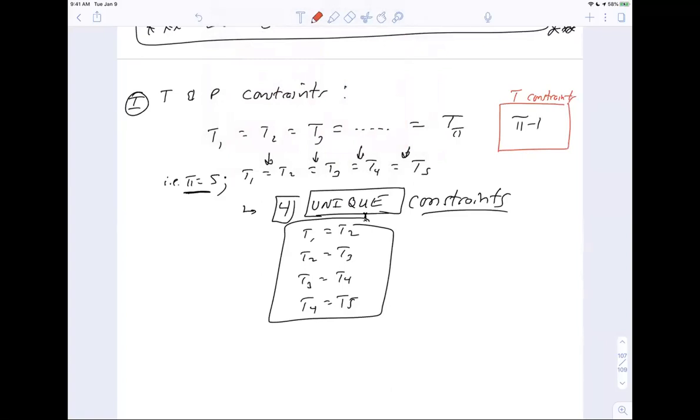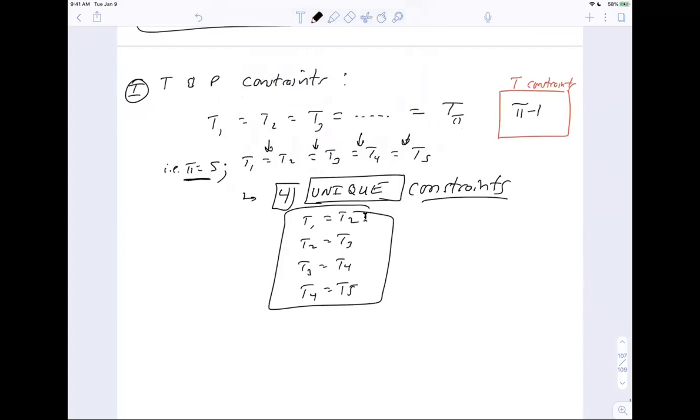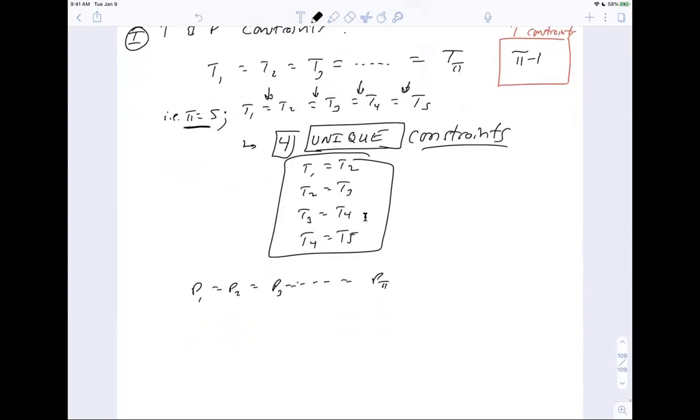So that's temperature. The same thing is for pressure. We don't have to really worry too much about pressure because P1 is equal to P2 is equal to P3, and so on, up to P sub pi. By analogy to temperature, you can think about this on your own because it's pretty straightforward and obvious.